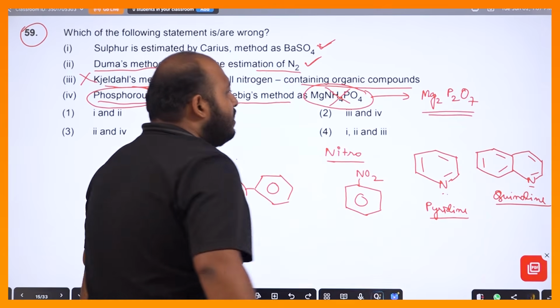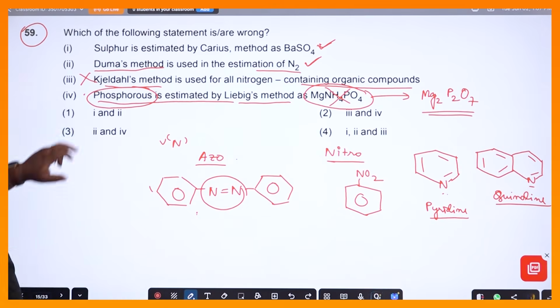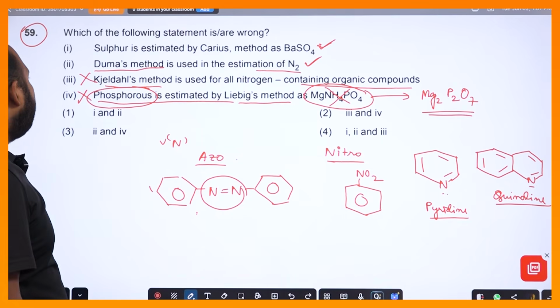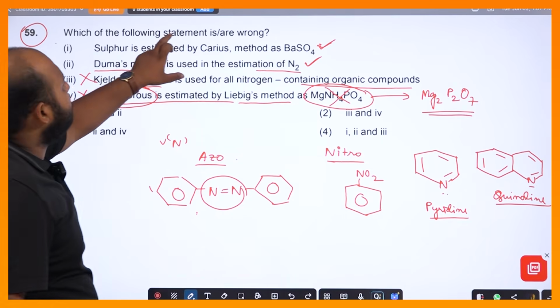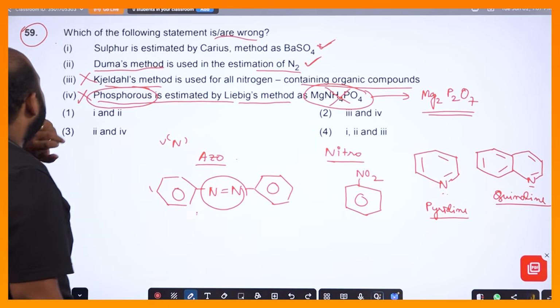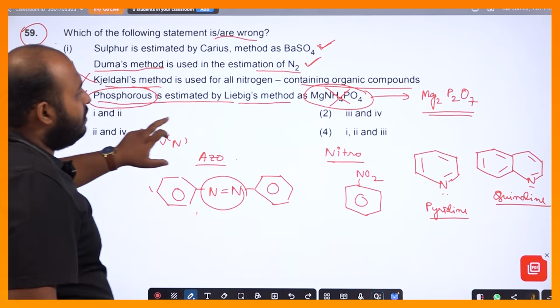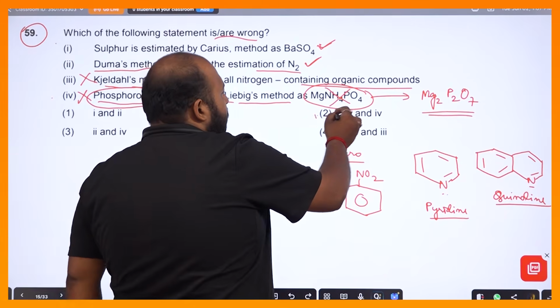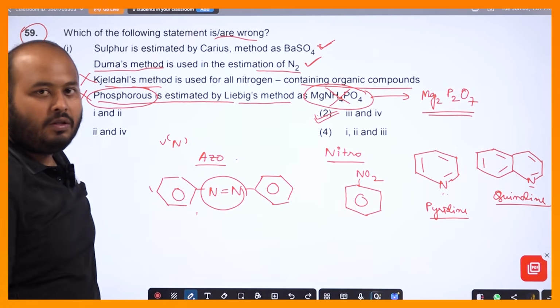So this is not the case. So this is also an incorrect statement. The question asks which of the following statements are wrong, so 3 and 4. So option 2.